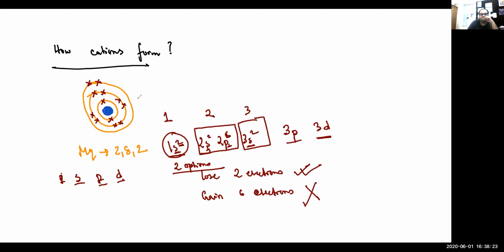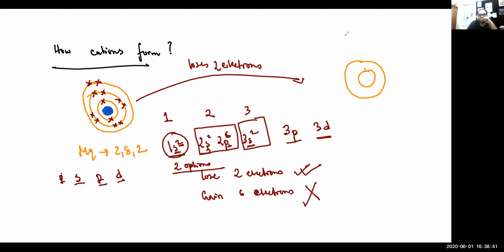So magnesium loses 2 electrons and eventually forms 2, 8: 2 electrons and 8 electrons, with the third shell empty.